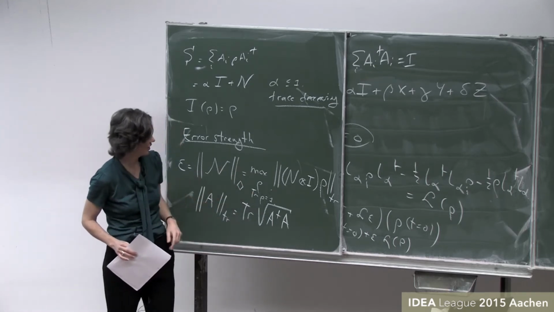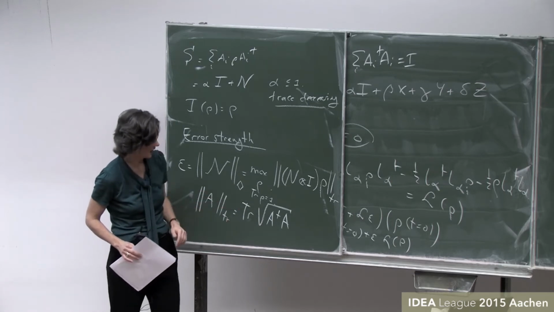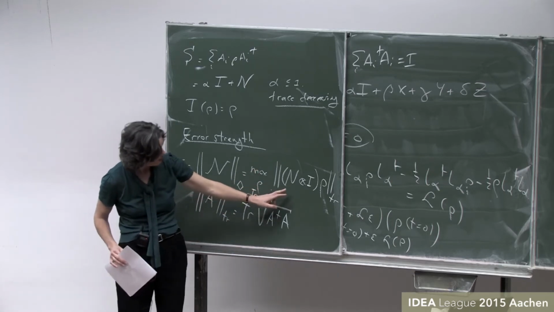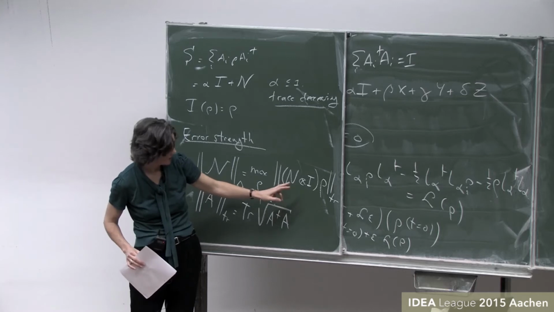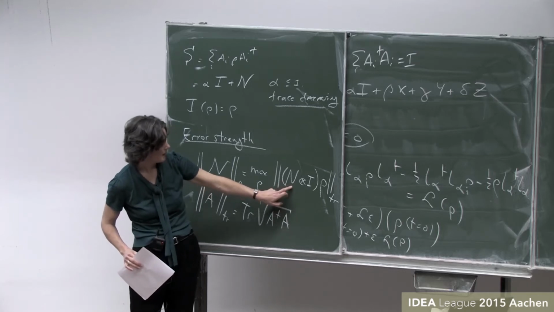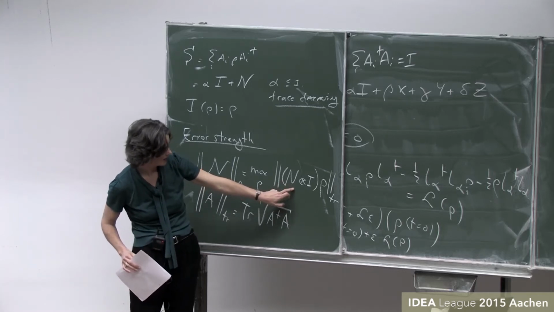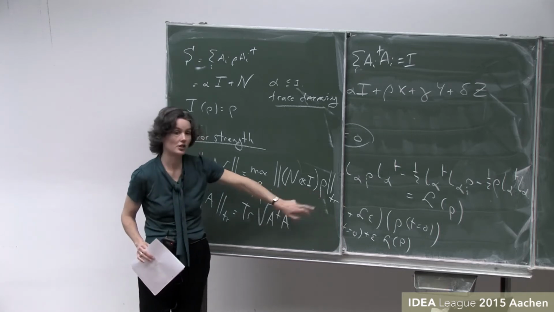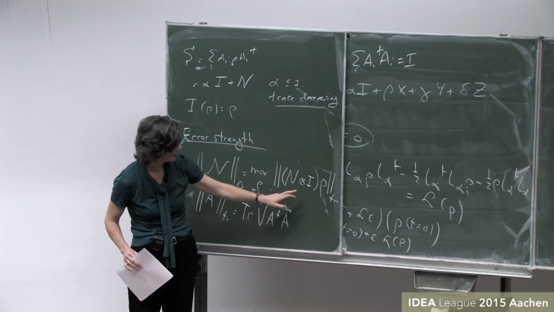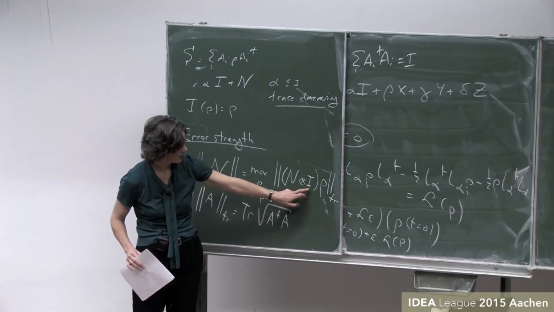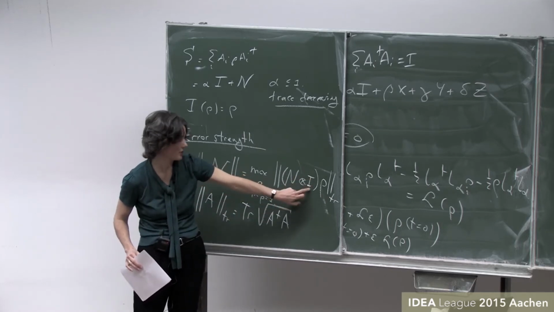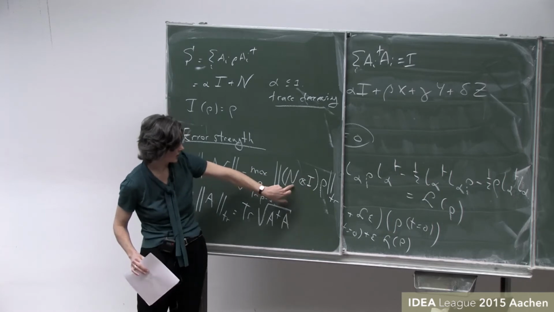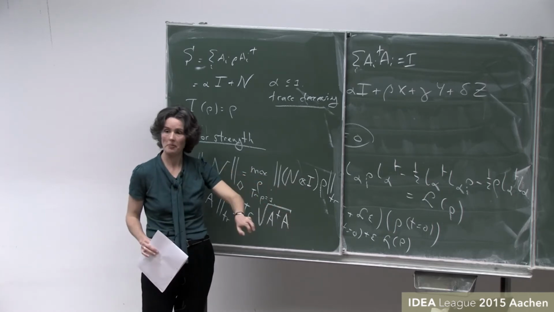Maybe in practice, you want to cut some corners and not apply this to any density matrix. But the mathematically proper definition is you apply the noisy operation tensor the identity on a density matrix in a larger space. So the idea is that if this is a qubit, this would also be a qubit.